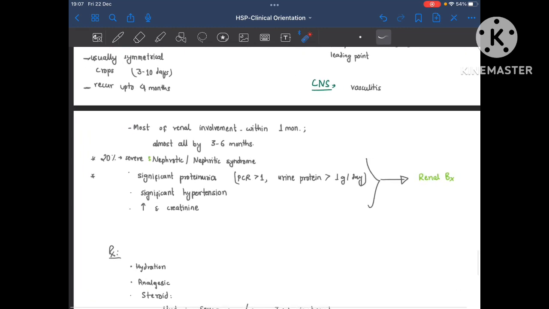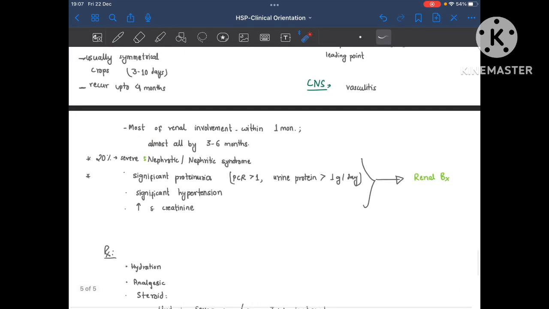And renal involvement, most of it occurs within the 1 month, almost all by 3 to 6 months, and only 1/3 in total present with renal involvement. 20% have severe nephrotic or nephritic syndrome, severe indicating significant proteinuria, protein creatinine ratio more than 1, urine protein more than 1 gram per day, significant hypertension and increased serum creatinine.